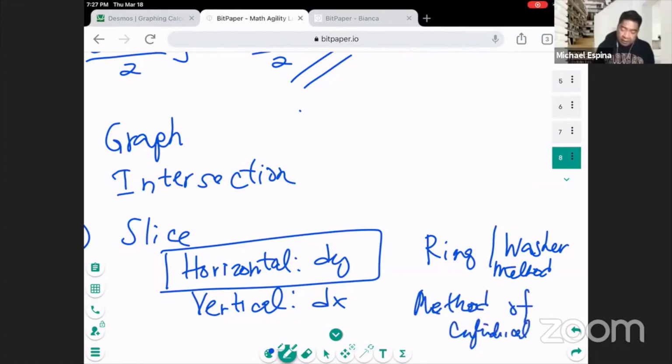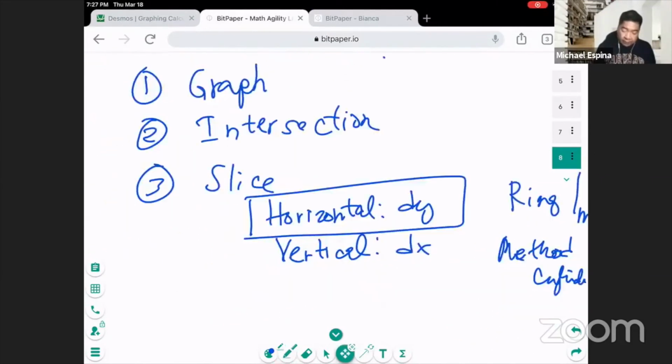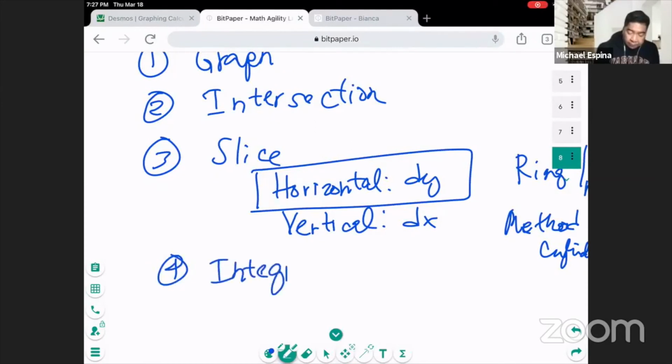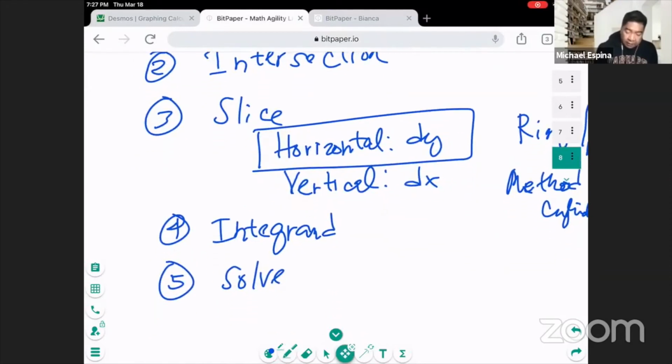Once we decided the slice, what's the next step? Now we can form our integrand. And then the next step is to solve the integral, and that's it.